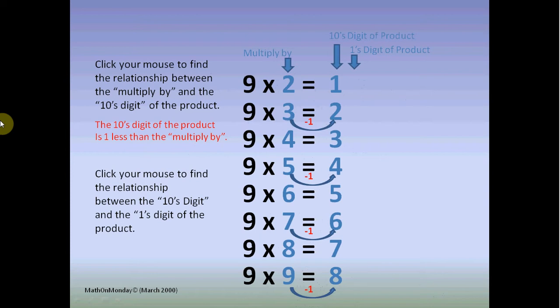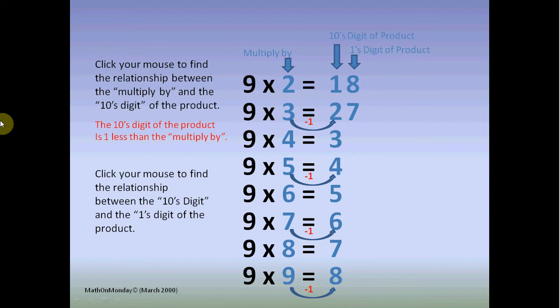All right, now let's see if we can see a pattern. If we know the tens digit of the product, can we figure out the ones digit of the product? Well, let's take a peek. Now, I know you see the ones digit decreasing by 1, and I know you see the tens digit increasing by 1.